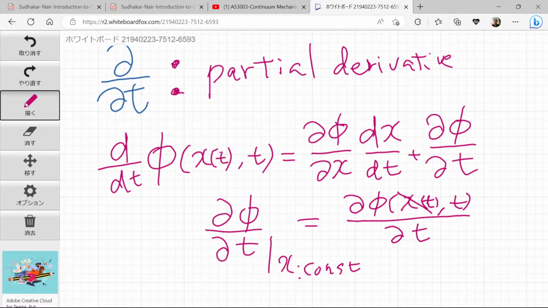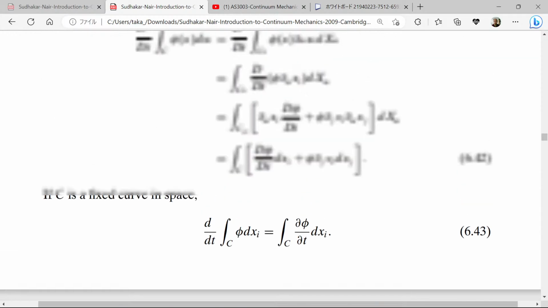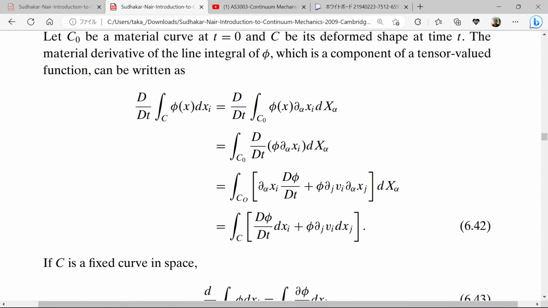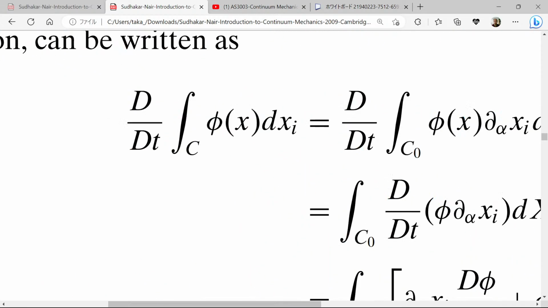Okay, so then another thing about the total derivative. I can use this example for the total derivative.